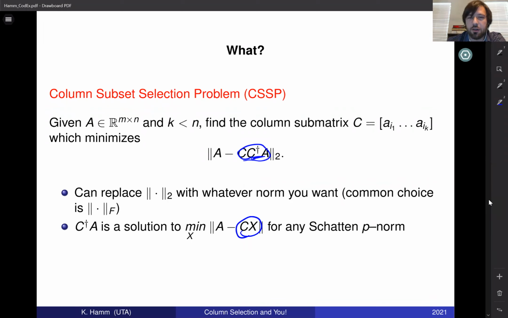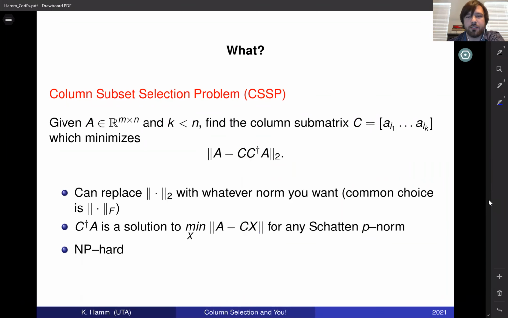So the best I can hope to do is actually to just project the columns of A onto the span of the chosen columns orthogonally. Okay, so this is the reason why I state the problem as it is at the top.